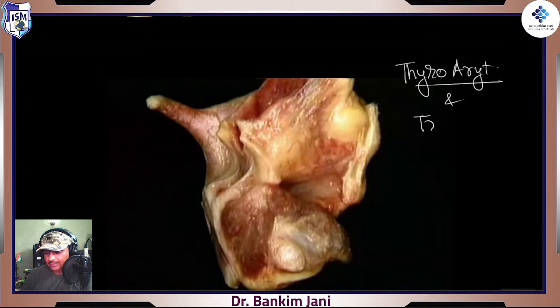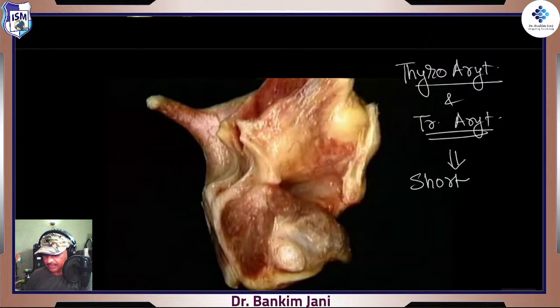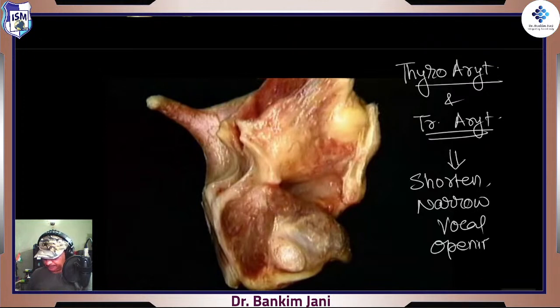And transverse arytenoid, but transverse arytenoid, it's so easy. So you will understand within 5 seconds. Let's see thyroarytenoid, right? That is worth watching. What both of them will be doing? They'll be doing just the opposite of what cricoarytenoid was doing, right? So this is like they will shorten and they will narrow down the vocal opening. Vocal opening, right?